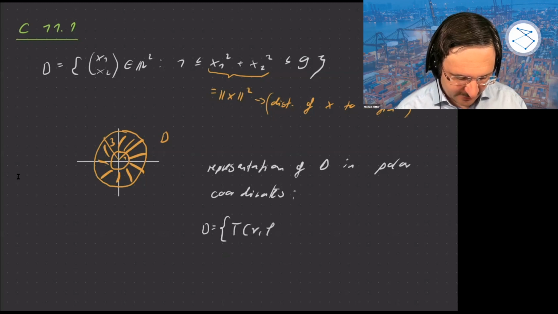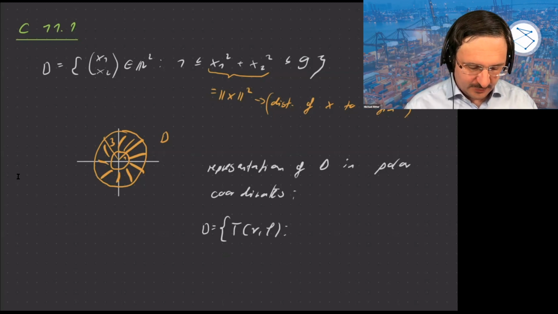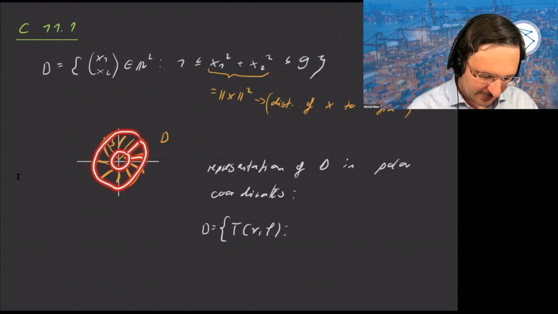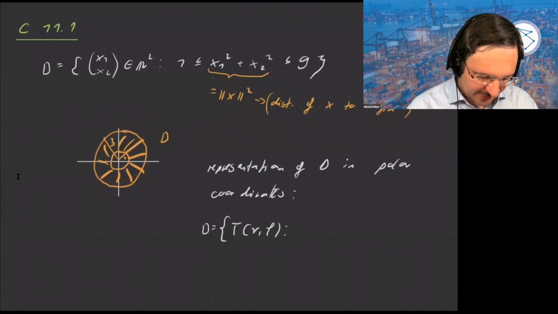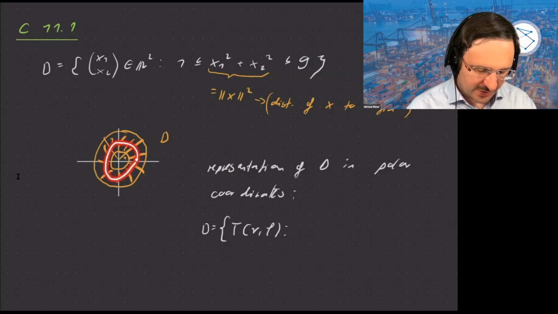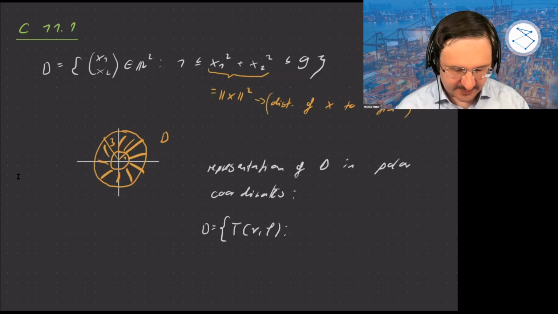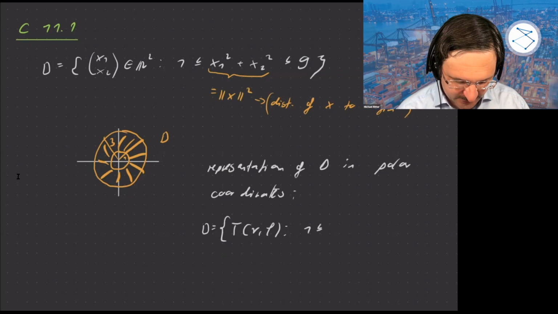So we have T of r and phi, r being the radius, phi being the angle. Now, what radii and what angles do we allow? Obviously, the radii are somewhere between 1 and 3. So all of these are allowed. And for the angle, we have everything from 0 to 2 pi. We're doing a whole rotation around the origin here. So the description in polar coordinates would be 1 is less or equal to r is less or equal to 3.